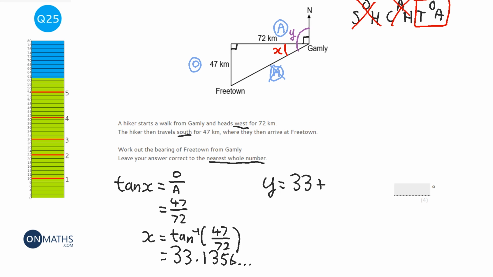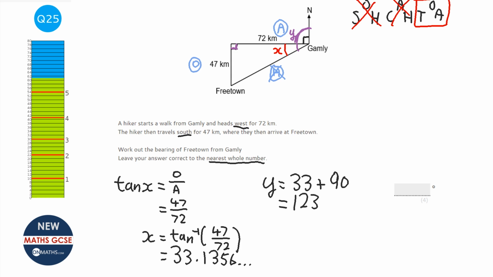So both the angle here and the angle here are going to be right angles, because the angle between all four directions, north, east, south and west, is a right angle. So I'm going to add 90. You can do this in the calculator or in your head. I'm going to do it on the calculator.